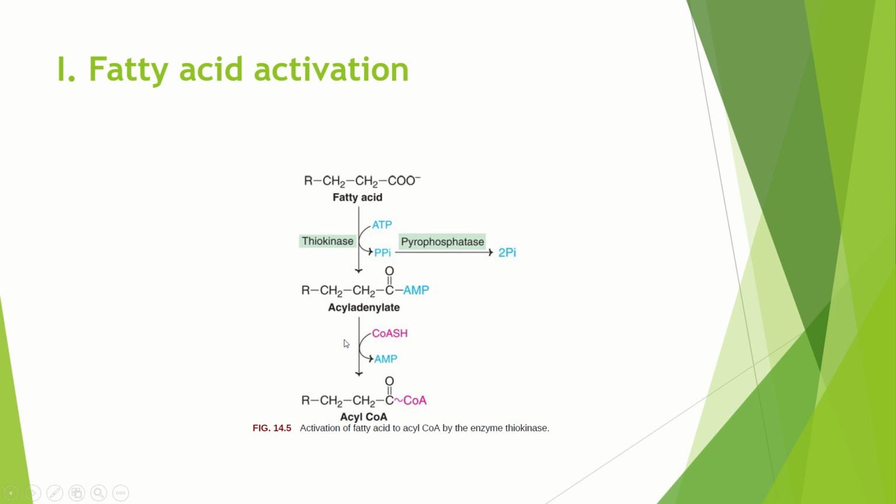This takes place with the help of thiokinases or acyl CoA synthetases. And there are three types of thiokinases present to activate long chain fatty acids, medium chain fatty acids and short chain fatty acids. So this is the very first step of fatty acid activation.